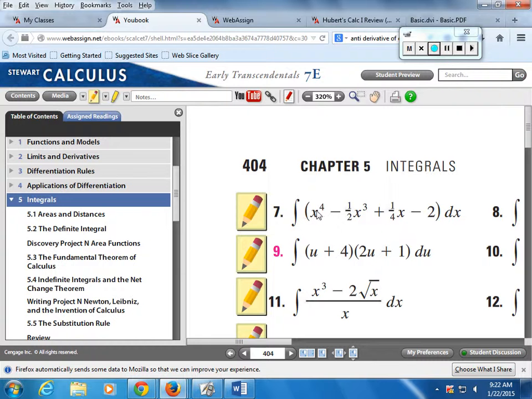The antiderivative of x to the 4th, minus 1/2 times the antiderivative of x cubed, plus 1/4 times the antiderivative of x, minus 2 times the antiderivative of dx. And the only difference is you don't have numbers here. But they did that back in 5.1, they showed you how to take the antiderivative, and now they're showing it to you again.